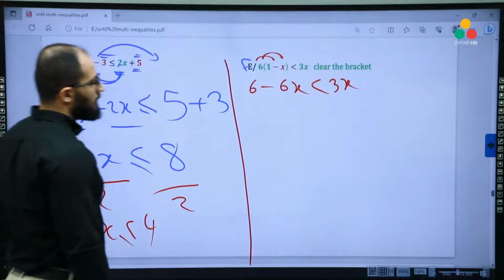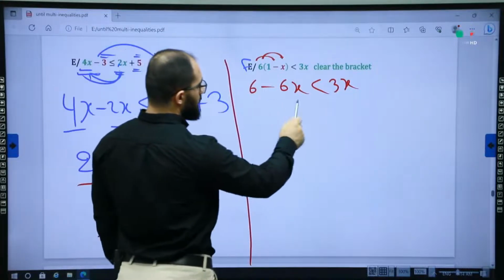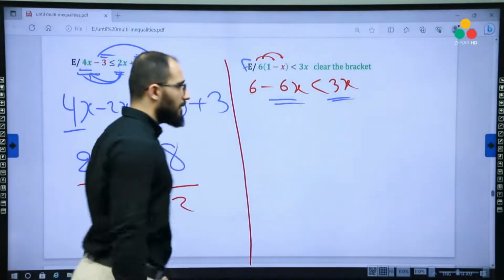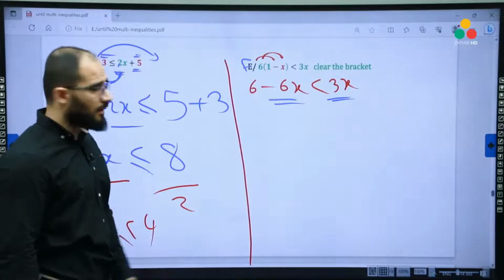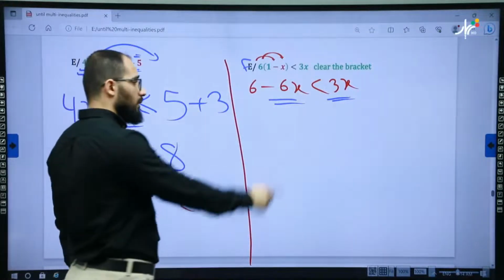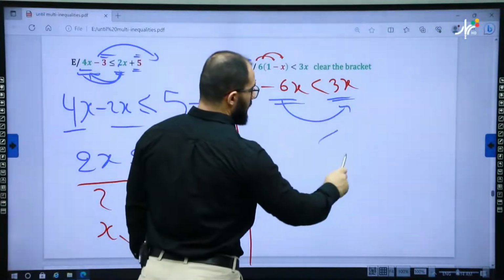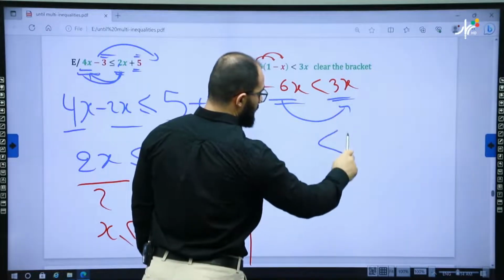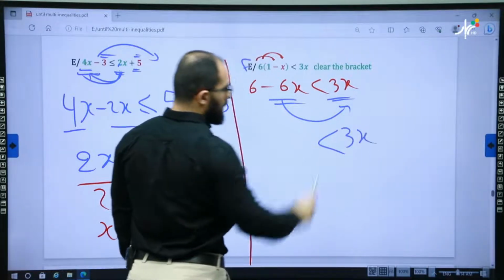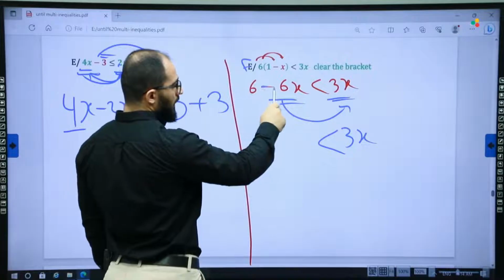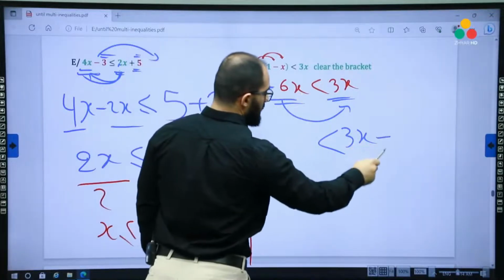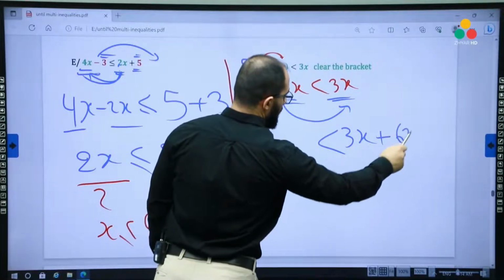Then we have negative 6x, and also we have 3x. Which one is smaller? The negative one is smaller, so move negative 6x to the other side. 3x stays here. Okay, we moved negative 6x to the other side, it became positive 6x.